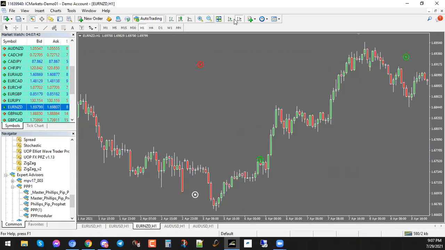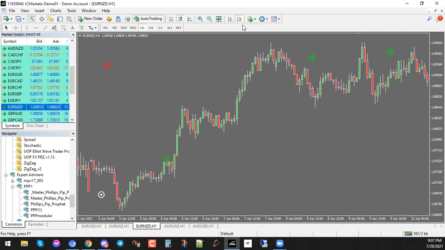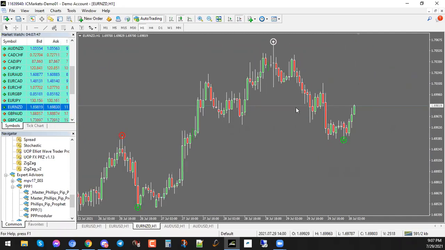As you can see, we have the Euro dollar, New Zealand dollar pair on, and the way in which the Elliott Wave Pro indicator works is when it plots a white dot, it basically means that the trend to the upside is potentially over.